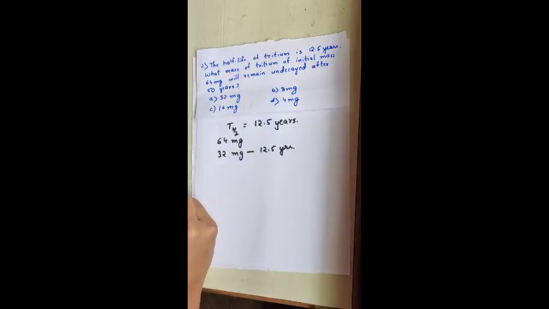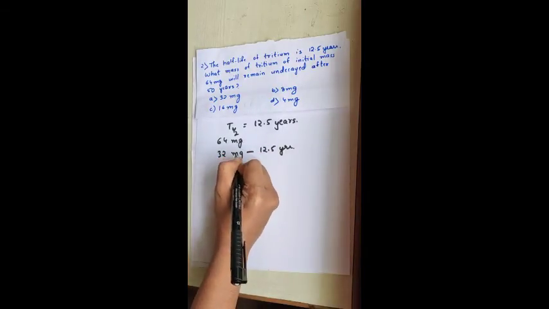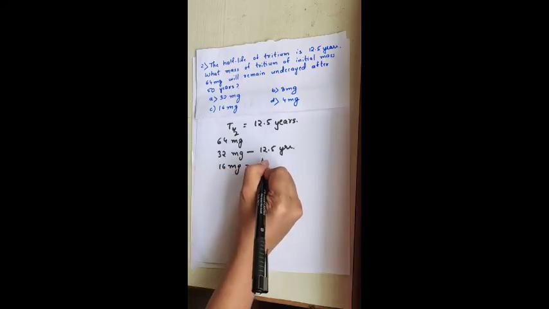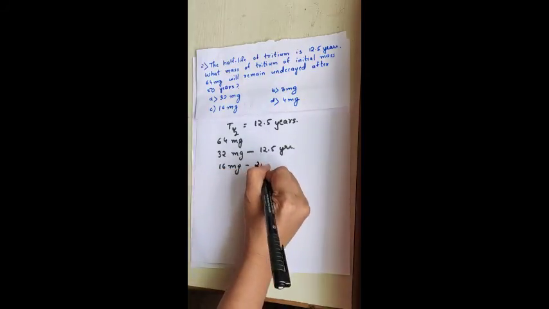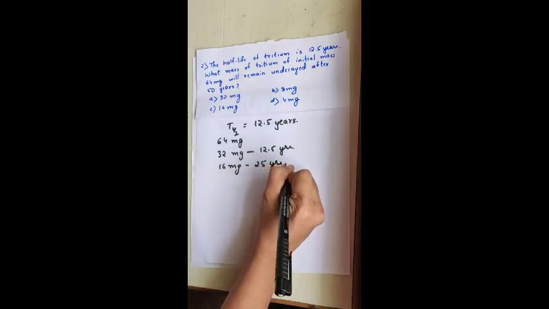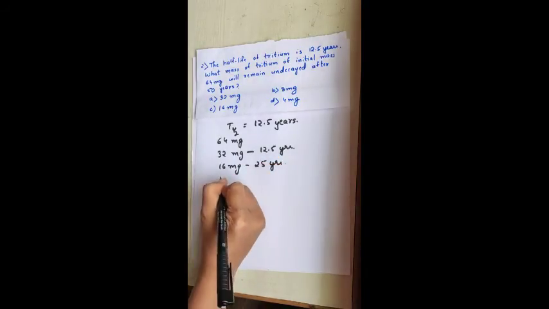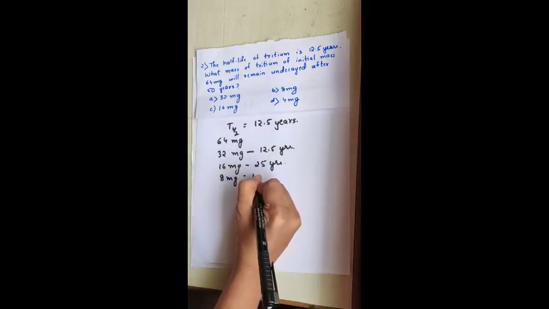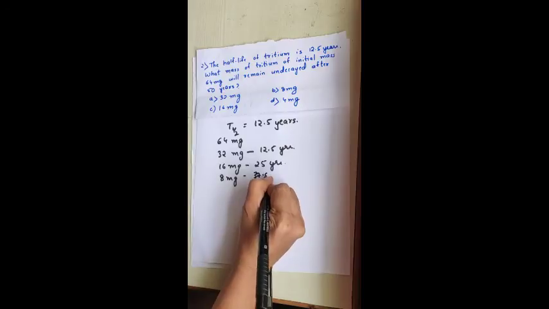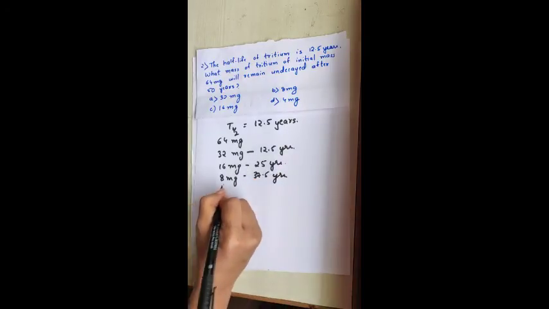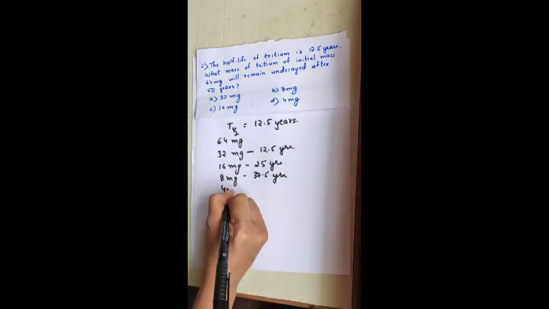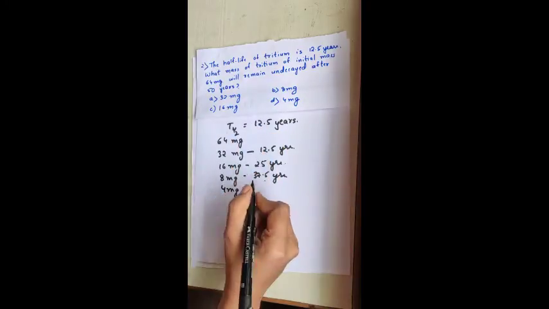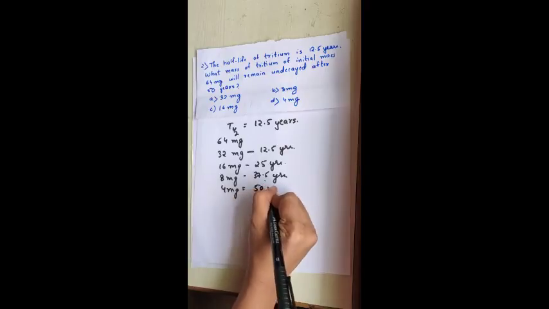Again 32 milligrams to become half, that is 16 milligrams, the time taken will be added: 12.5 plus 12.5 years, that is 25 years. Again to reduce to half, that is 8 milligrams, 25 plus 12.5 years, that is 37.5 years. Again 8 milligrams to reduce to half, that is 4 milligrams, 37.5 plus 12.5 years, that becomes 50 years.